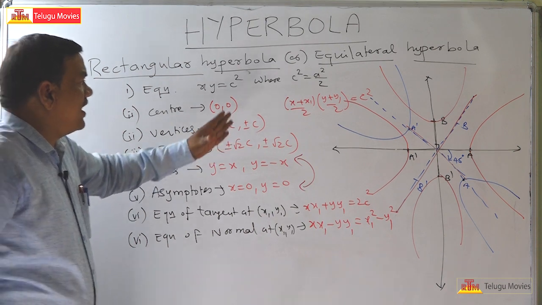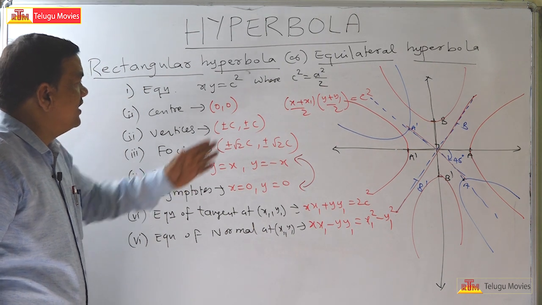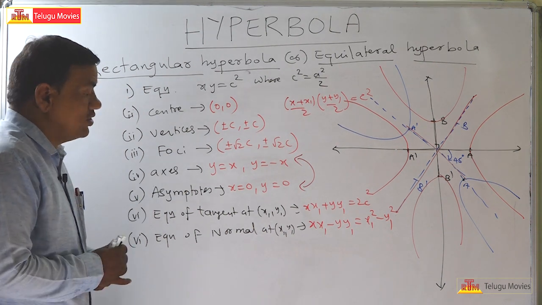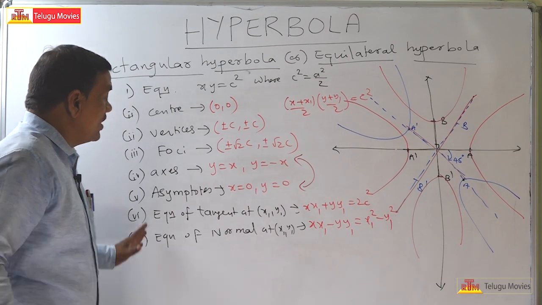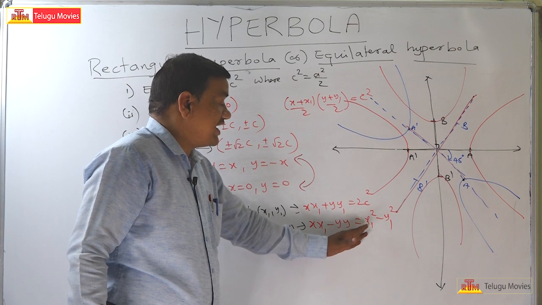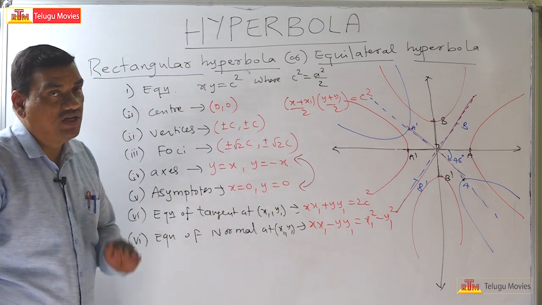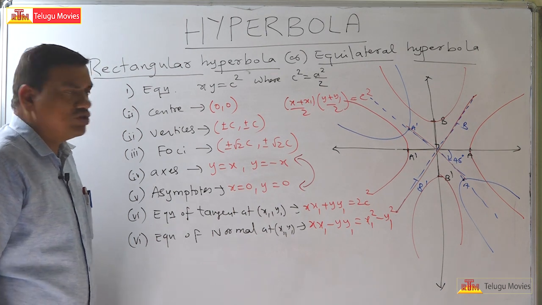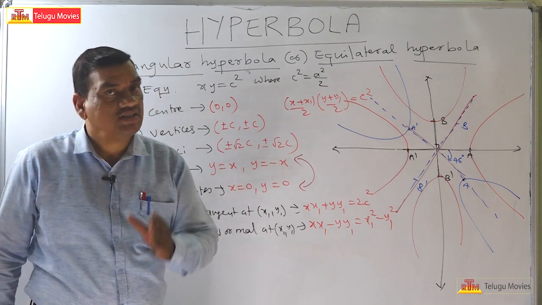Again, 2c square, x into y, xy is equal to c square. So that will be the equation. And the equation of the normal will be x1 x minus y1 y equals x1 square minus y1 square. This is the equation of the tangent and the equation of the normal. Some more topics are there regarding this rectangular hyperbola, so let us see that.